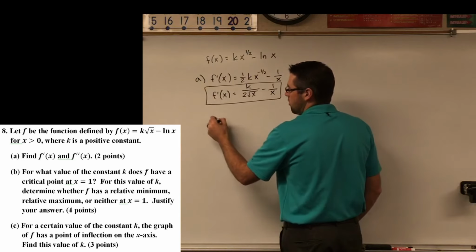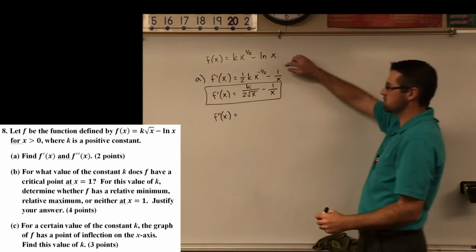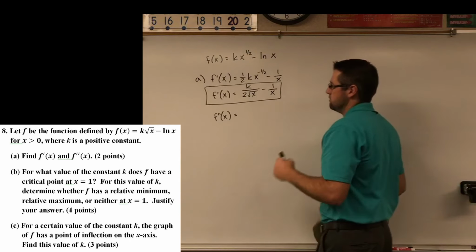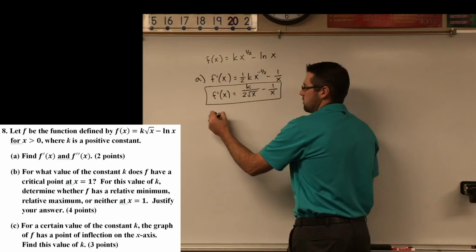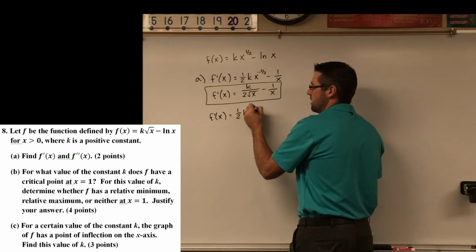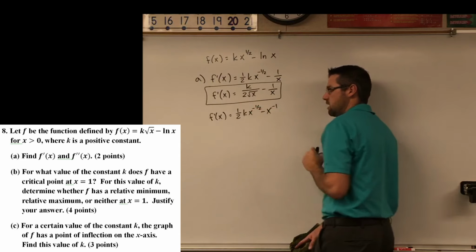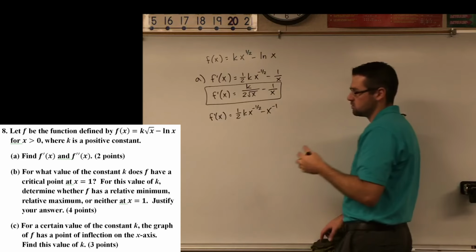And then it says find f double prime of x. Actually, I want to change that so I can take the derivative easy enough. So f prime of x equals 1/2 k x to the negative 1/2 minus x to the negative 1. If you want, you could do the quotient rule on it, but that's just more work than it's worth.